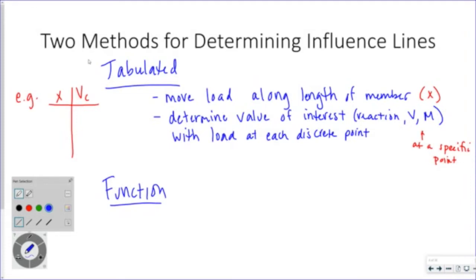Function. Now we just take that table and make it into a function, right?